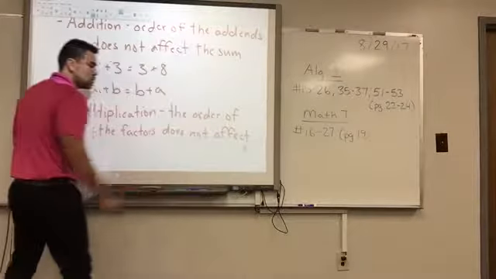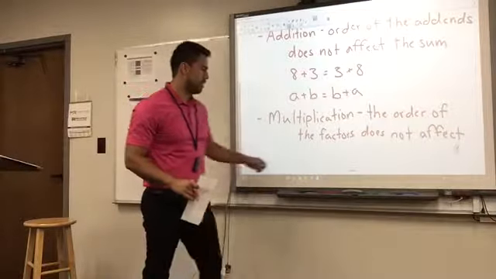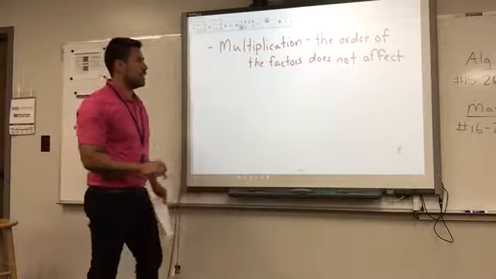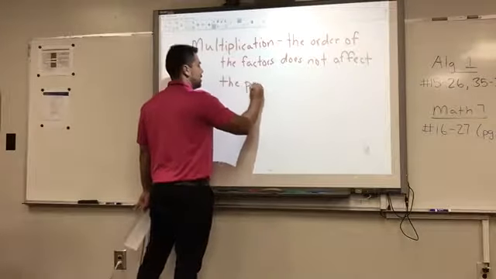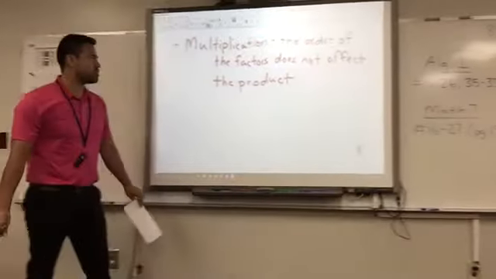Remember, guys, the word affect is with an A. That's an action word. Oh, that's a good way to remember it. E is the noun form, effect. Oh, but does not affect the product. So the order of the factors does not affect the product.